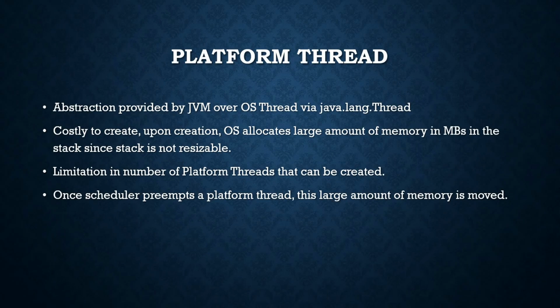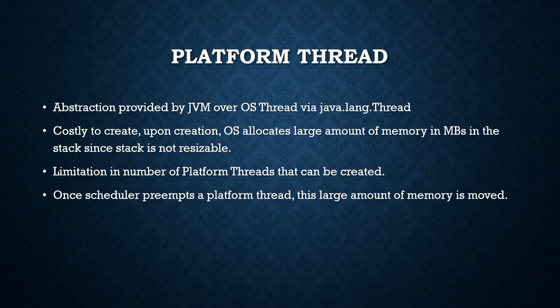So basically these are the threads which get created when we create any new thread from our Java applications. They are the abstractions provided by the JVM over OS threads, and they are costly to create because upon creation, the operating system allocates a large amount of memory, in MBs, for each platform thread in the stack area.